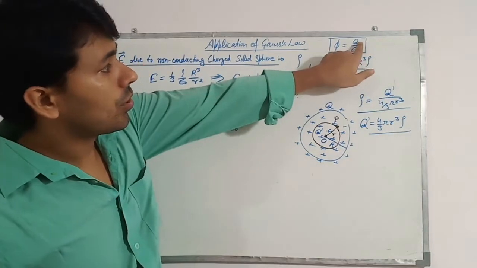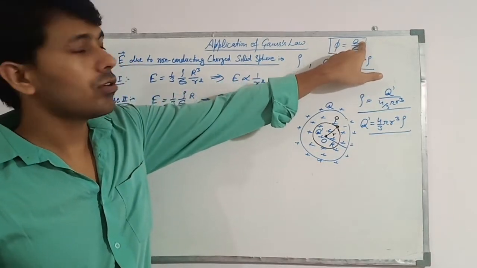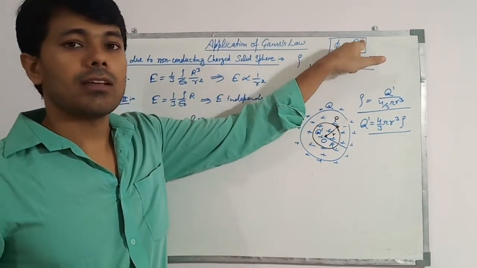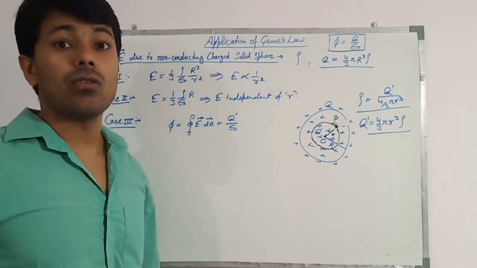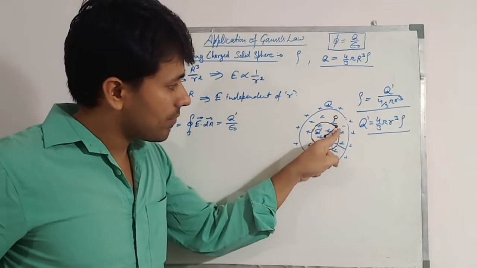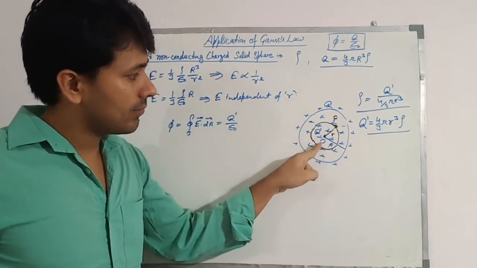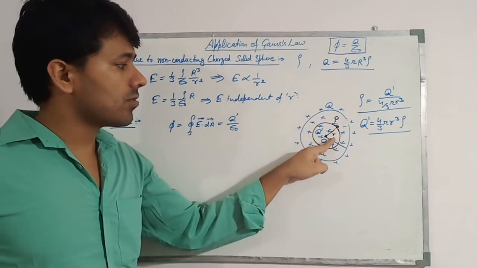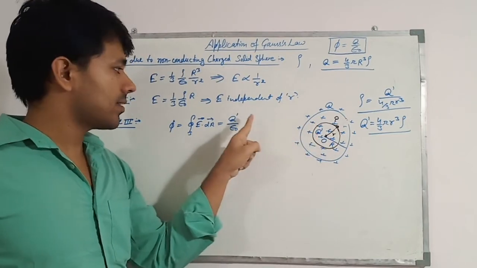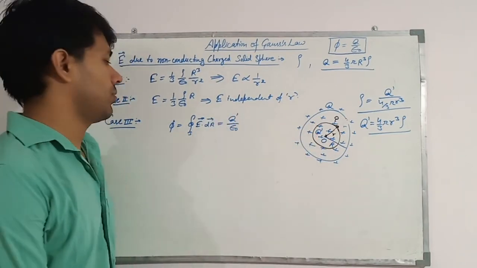Because Q, according to Gauss law, is the total charge enclosed by the Gaussian surface. Here the Gaussian surface has radius r, this is the Gaussian sphere, and the charge enclosed by this Gaussian sphere is Q dash. That's why Q dash upon epsilon naught.